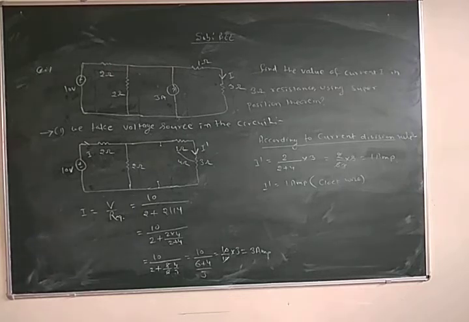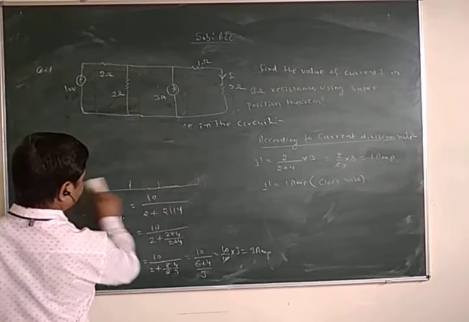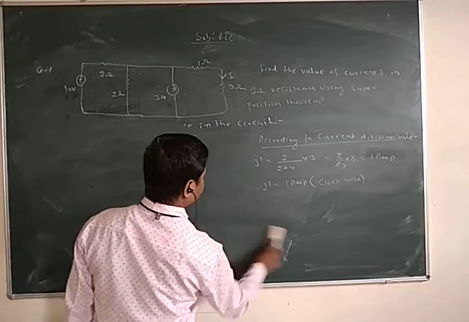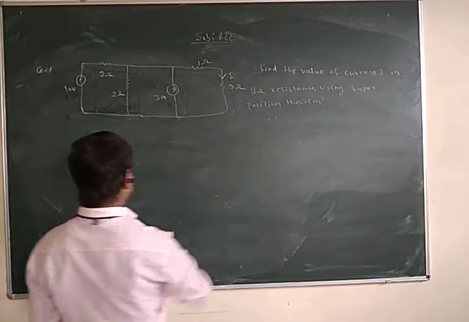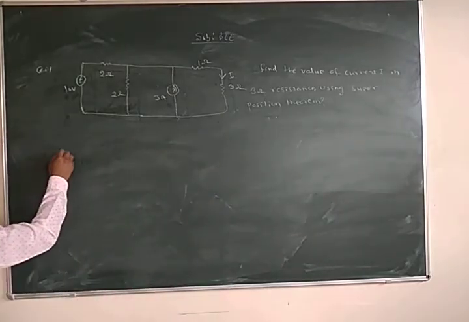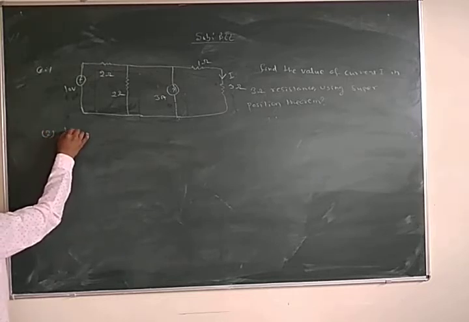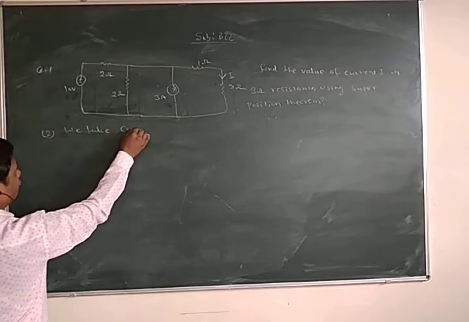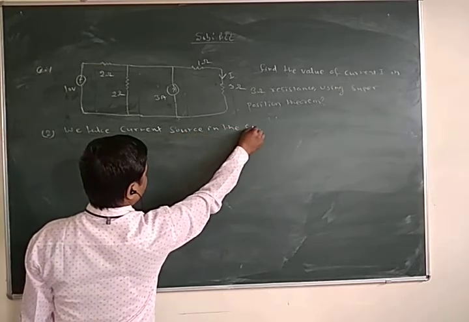Now in step second, we take current source in the circuit and we replace voltage source with its internal resistance.